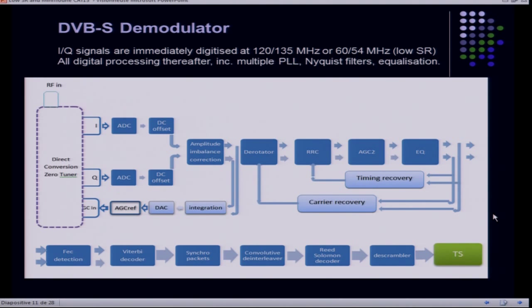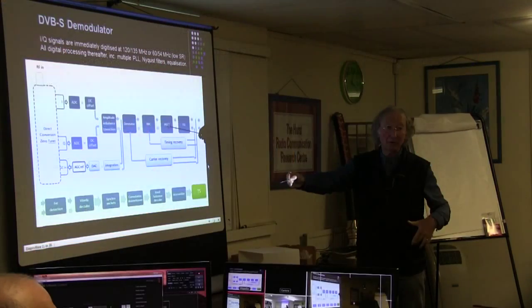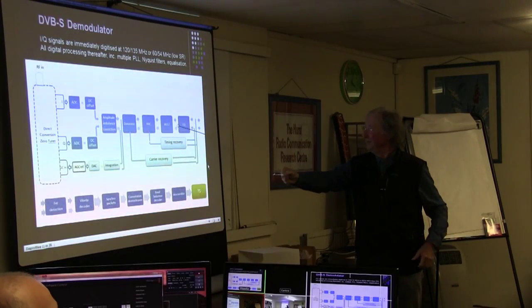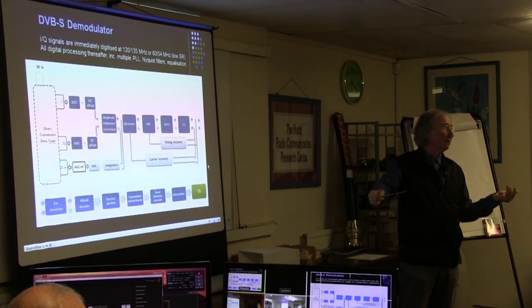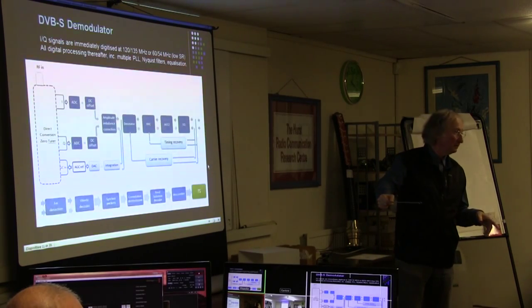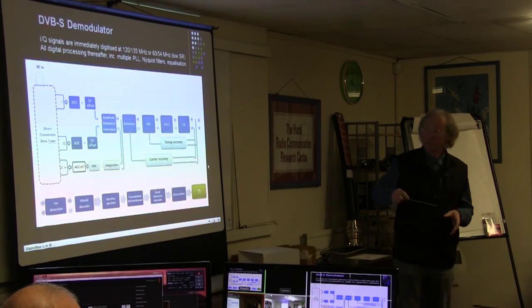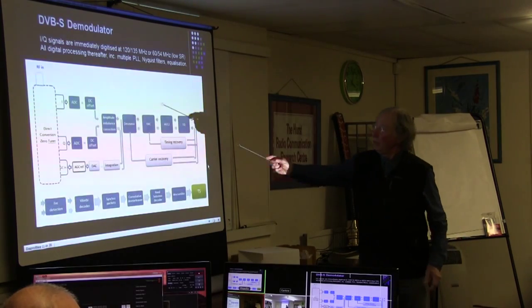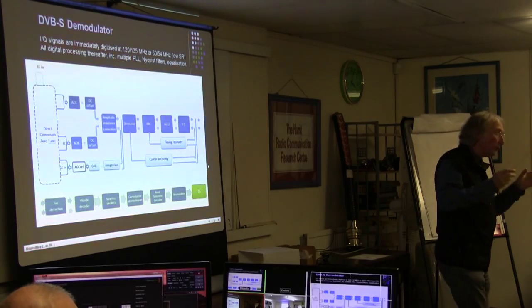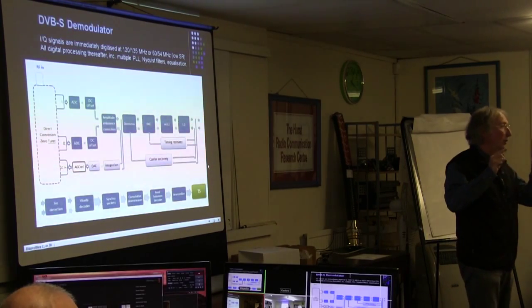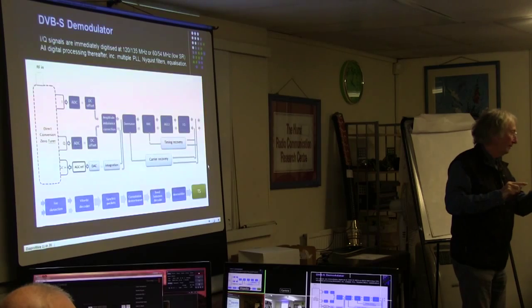We also have a second AGC, a numerical digital AGC, and an equalizer for inter-symbol interference and echoes. All this part has the job to lock on the carrier and to lock on the symbol rate.